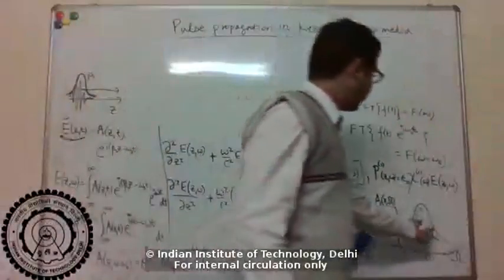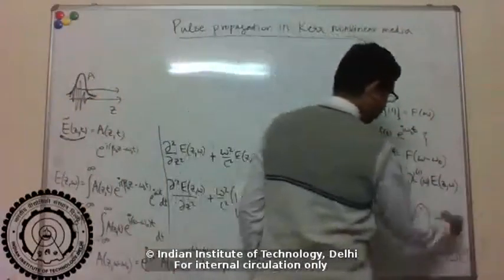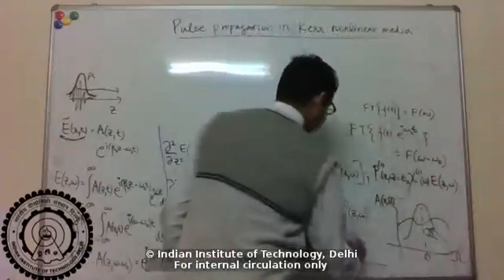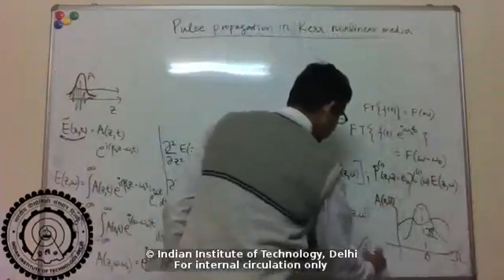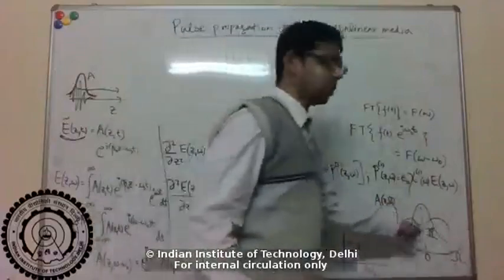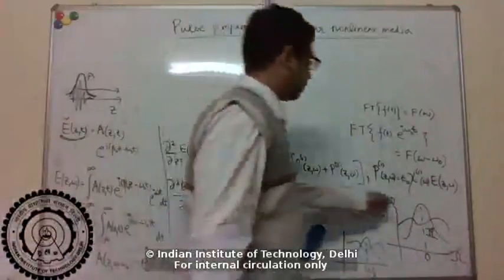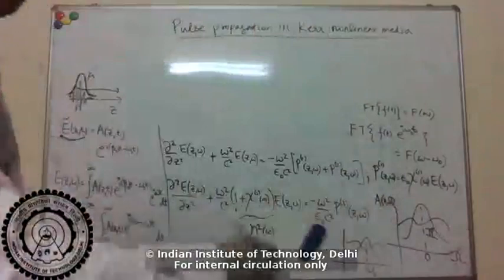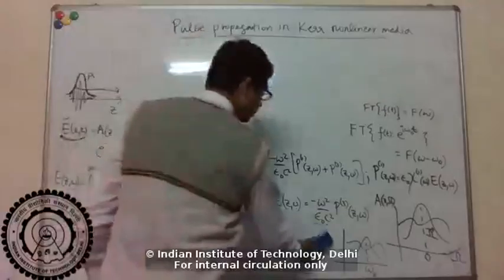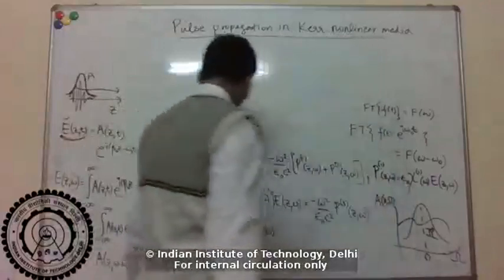But we are just interested in seeing how, on propagation, this Az of omega will change somewhat. So what does that mean? In the original pulse, my Ez of omega about omega naught is changing. But just for ease of mathematics we're doing a change of variables. So this is a shift in the variable. Maybe it will become more clear as we go forward.